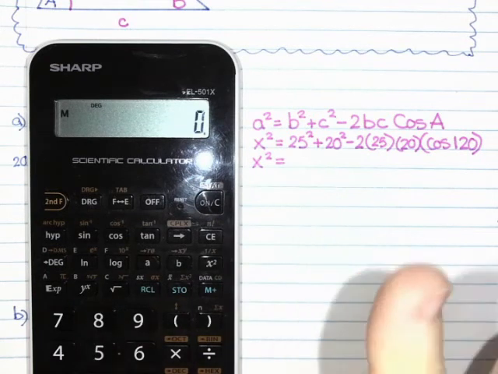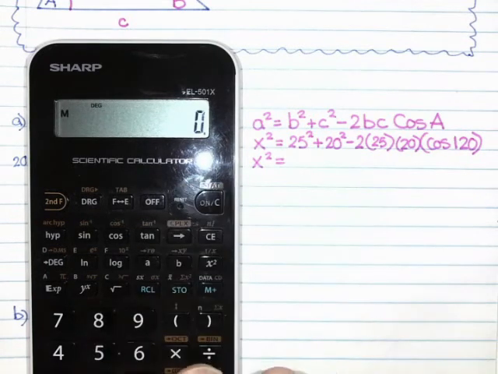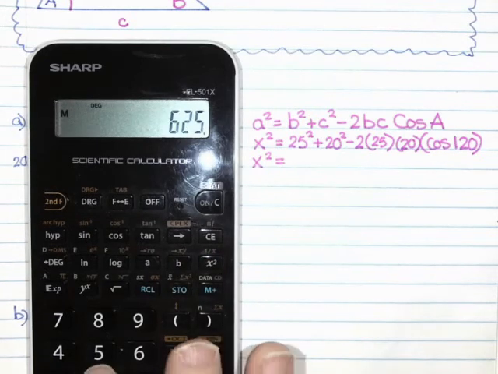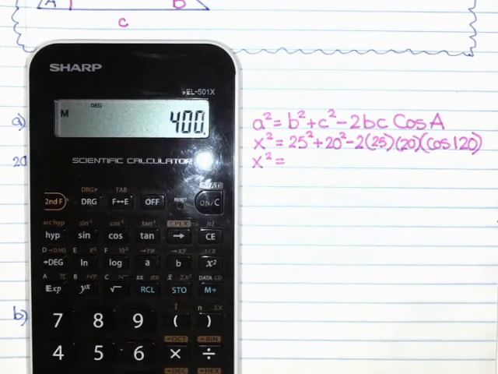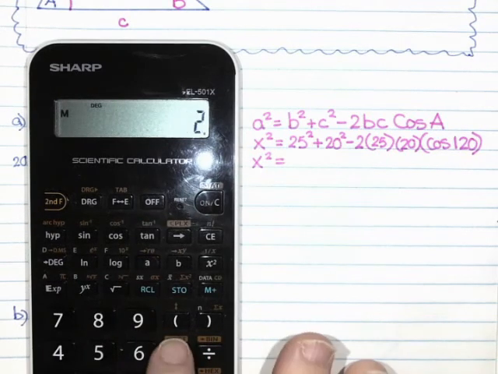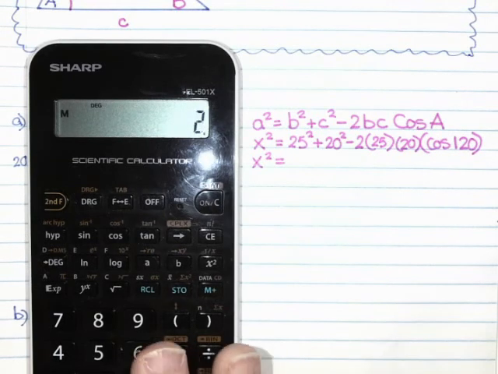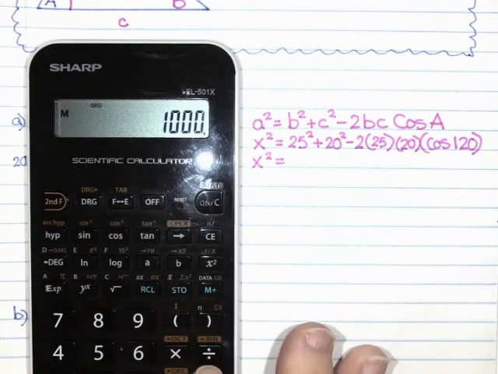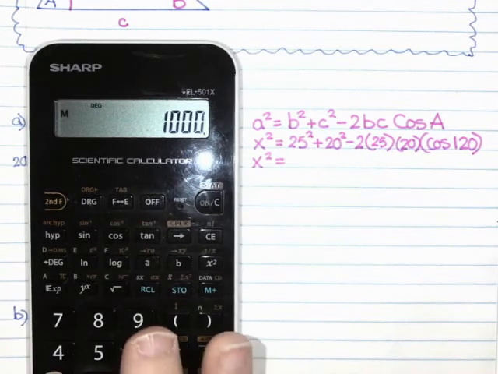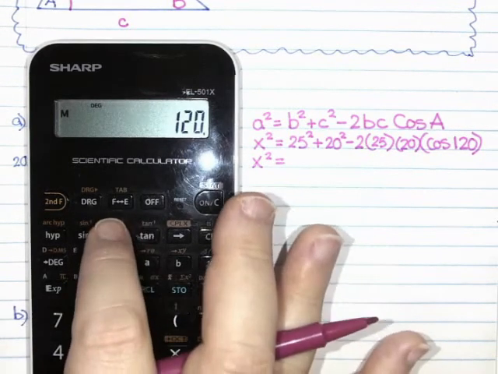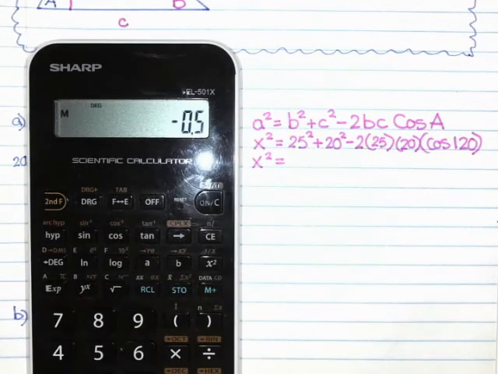If you want to use your exponent button, you do what you need to do. So 25 squared plus 20 squared, notice I'm not hitting equals, minus 2 times 25 times 20 times, and then you're either going to do cosine of 120 or I have to do 120 and then cosine. And at this point, I'm at the very end, I'm going to hit equals.